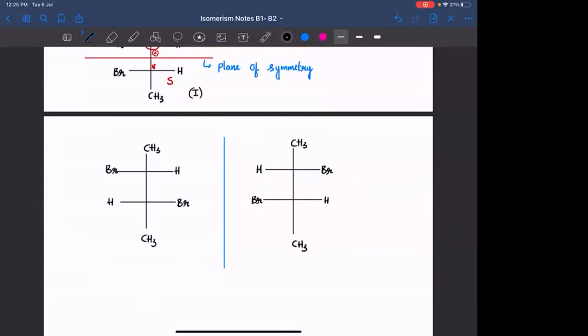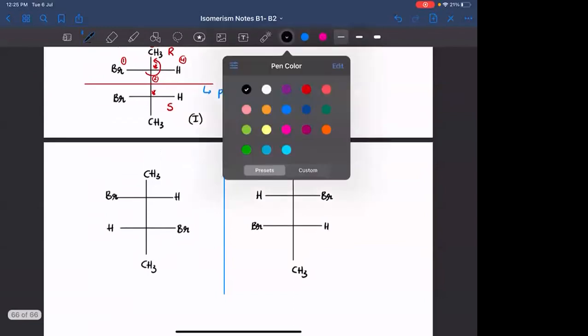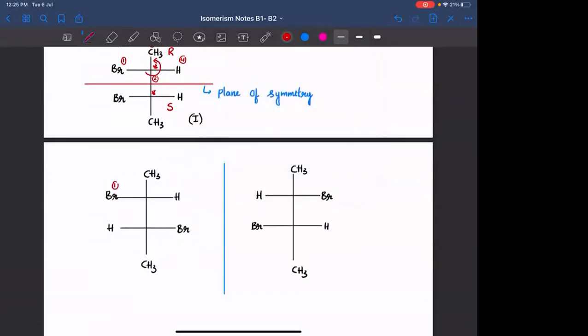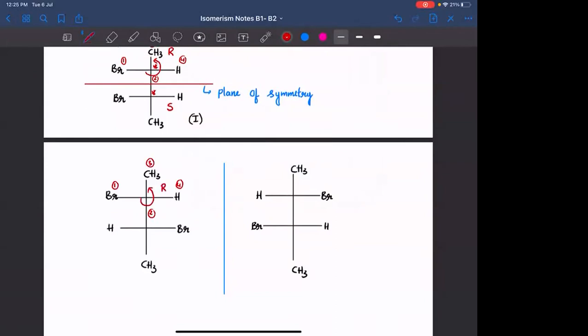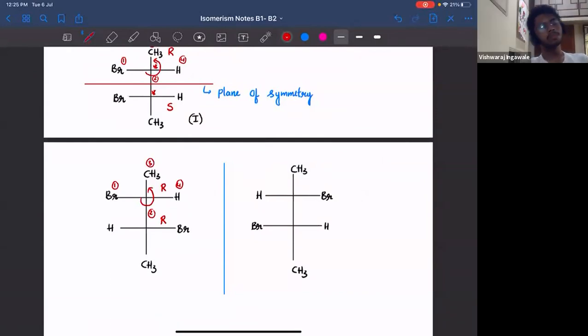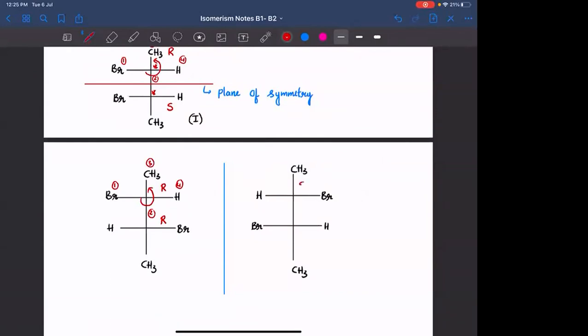Please write the configurations. ये 1 है, this will be 2, this is 3, this is 4. 1 2 R. 3. R. तो ये R होगा तो ये भी R ही होना चाहिए. Okay, it cannot be S. Okay, so ये S है तो ये भी S होगा. Any doubt anyone?